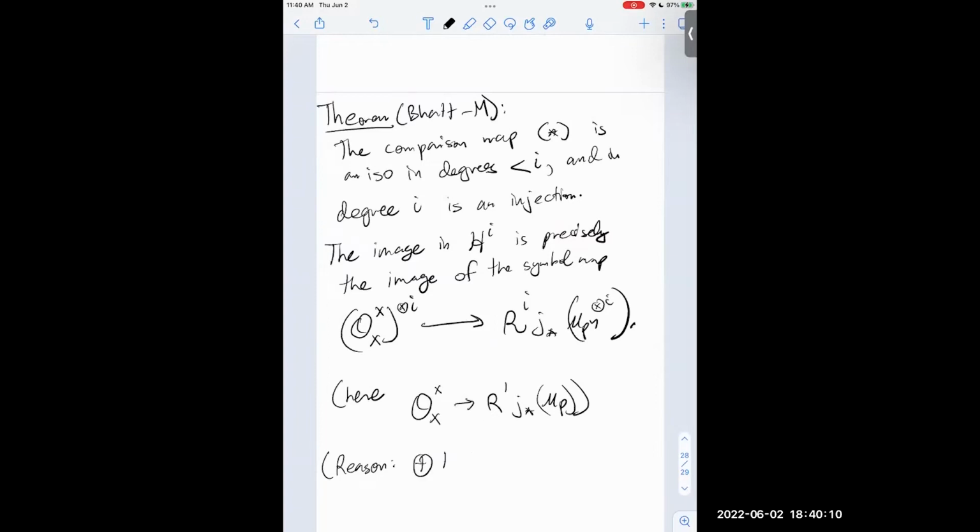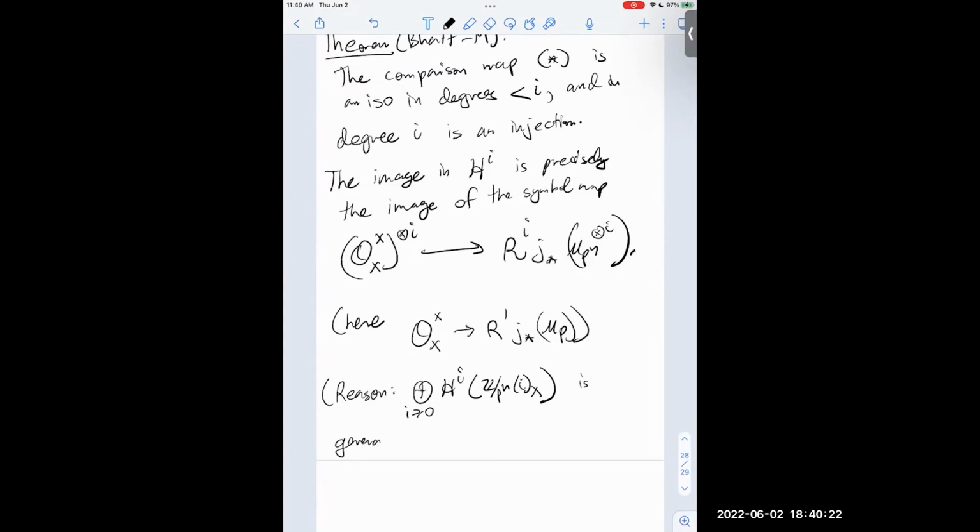So the direct sum of H^i of Z/p^n(i) on X is generated in degree 1. And in degree 1, we have the map from O_X^×, which comes from the fact that syntomic cohomology in weight 1 is essentially the cohomology of G_m with a shift.